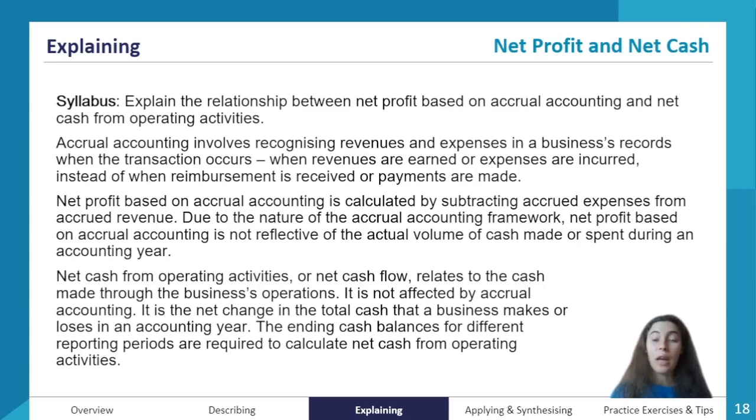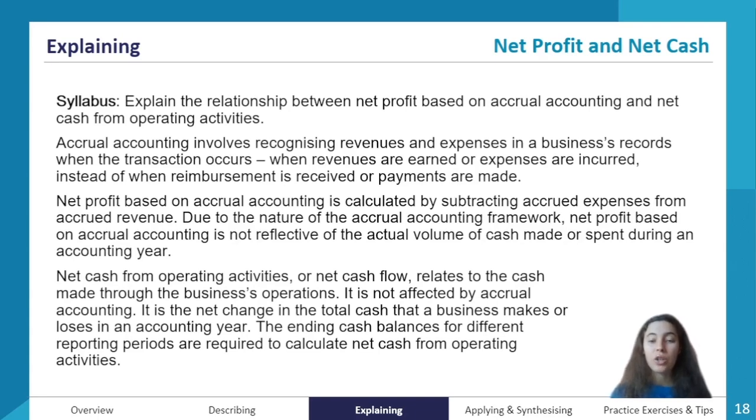So due to the nature of accrual accounting, net profit based on accrual accounting is not actually reflective of the volume of cash made or spent during the accounting period. So this is where we've got net cash from operating activities, which is also called net cash flow. It relates to the cash made through the business's operations. It's not affected by this idea of accrual accounting.